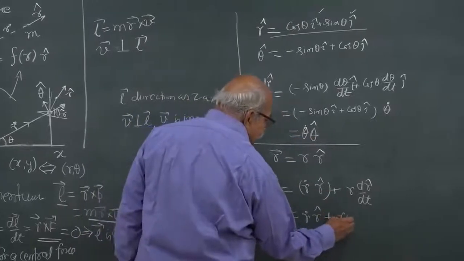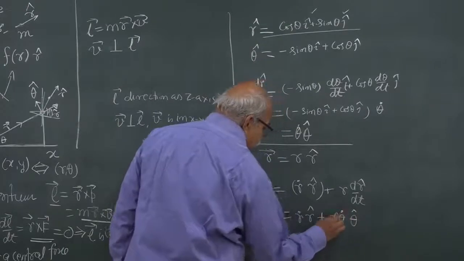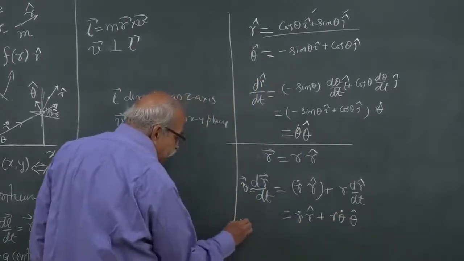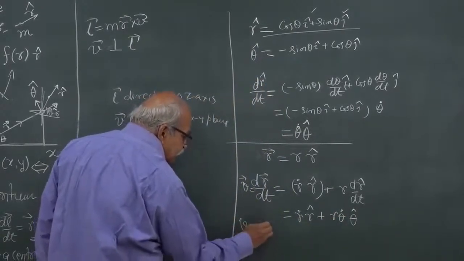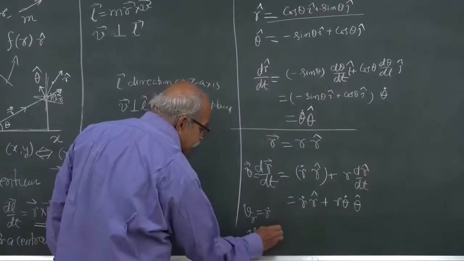So, it is r theta dot theta cap. So, the r component is r dot and the theta component is r theta dot.